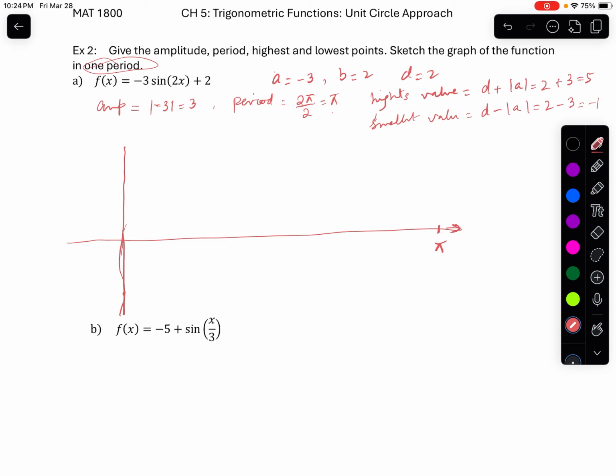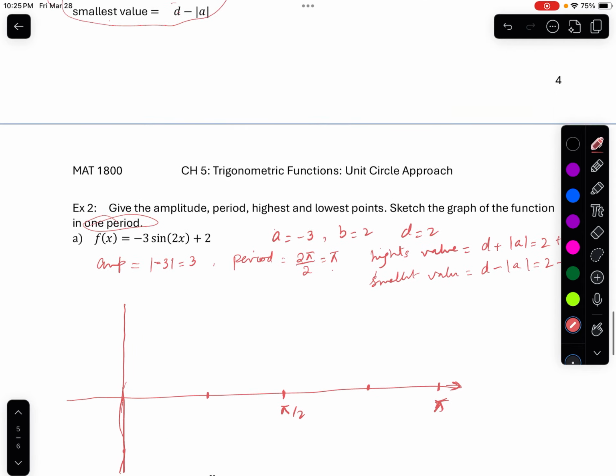Half of pi, so always you have to do it like this. Whatever the period is, put that at the end of your x-axis, half it, then half this side and half this side.